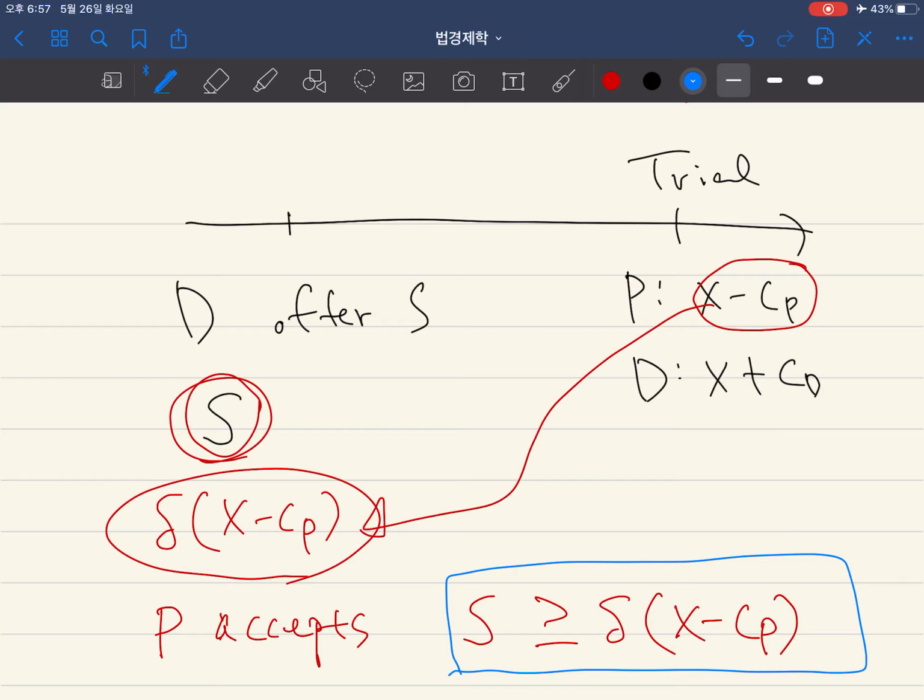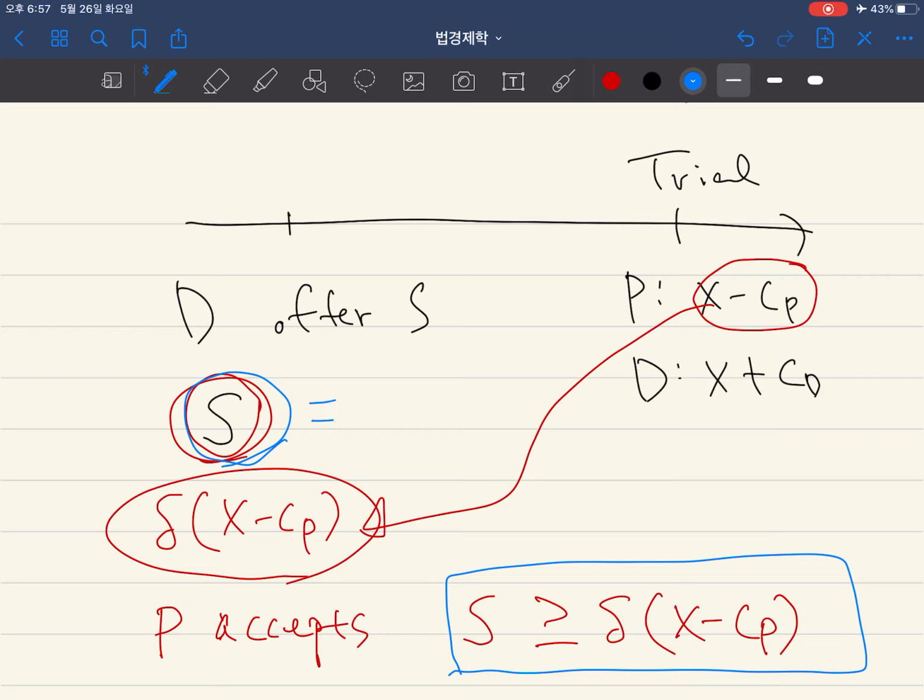So plaintiff is gonna accept as long as we have this inequality, and defendant knows this. So defendant is going to choose S so that plaintiff accepts and at the same time defendant wants to lower the settlement amount as much as possible.